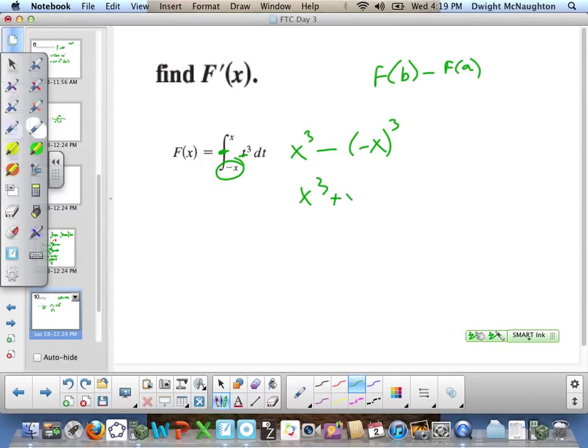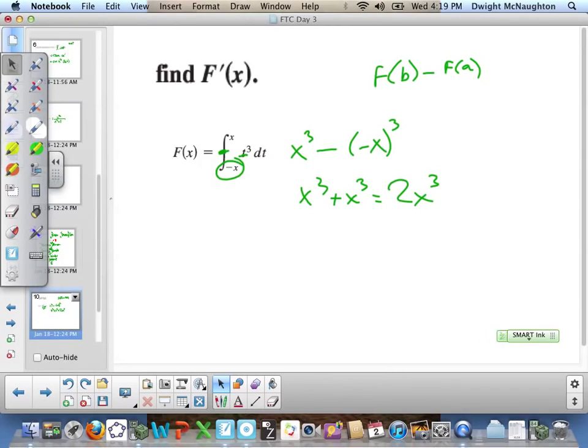X cubed plus x cubed, that's 2x cubed. In other words, apply the first fundamental theorem in conjunction with the second fundamental theorem. You're going to subtract with your limits. 2x cubed.